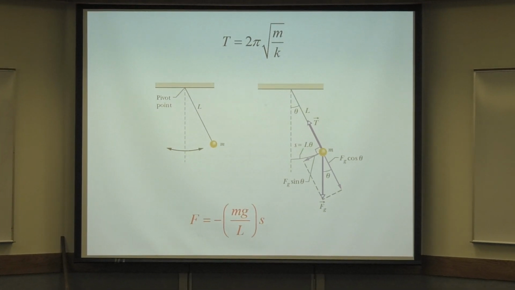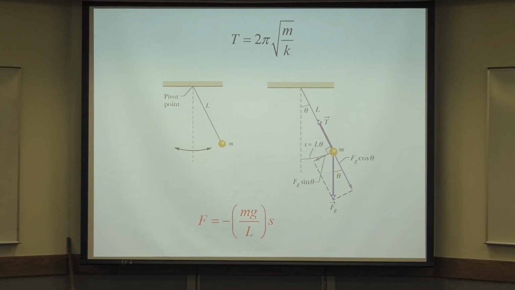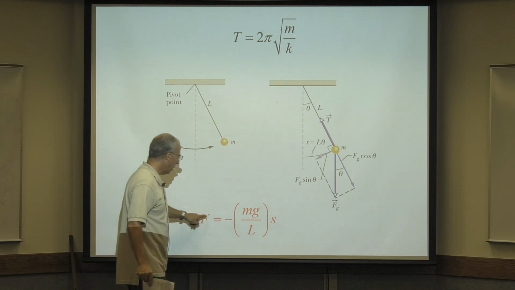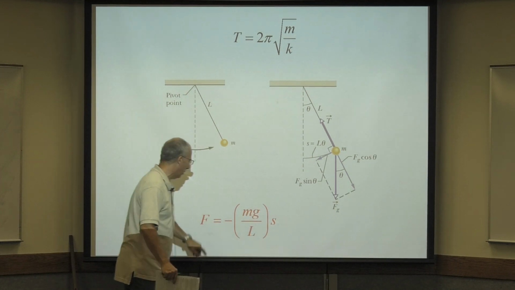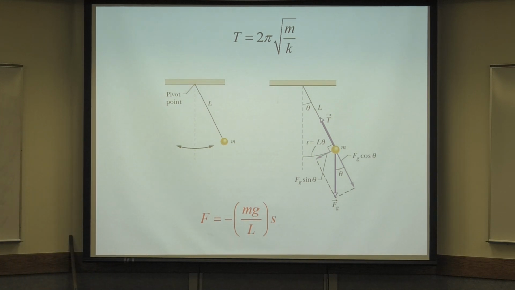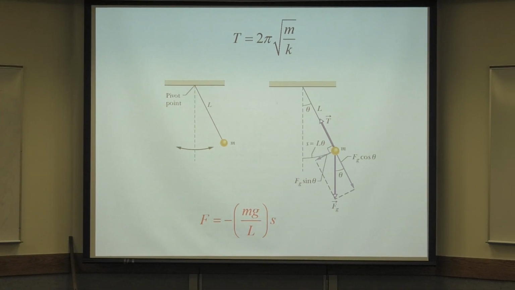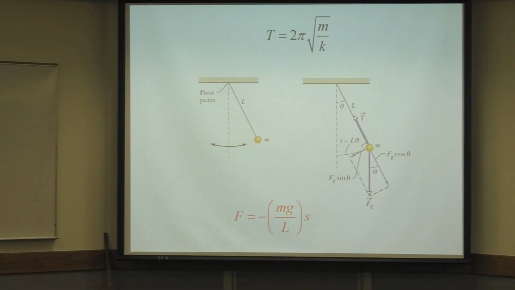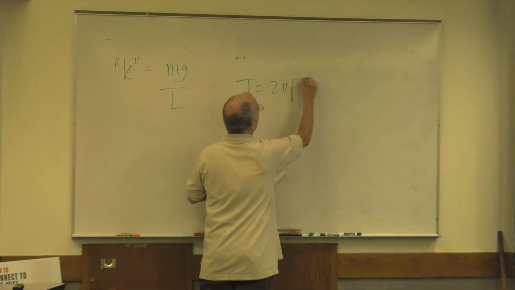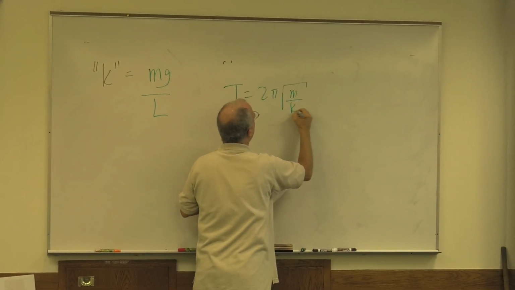Okay, we did the pendulum. So here we had, we figured out that the force equals minus K variable. F equals minus constant times variable, right? And so for the pendulum, K was mg over L. Well, the period is 2 pi square root of m over k.